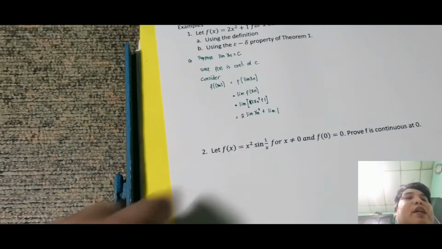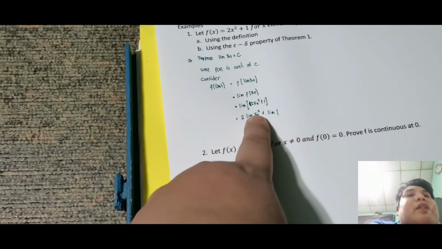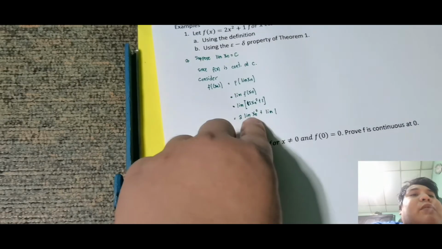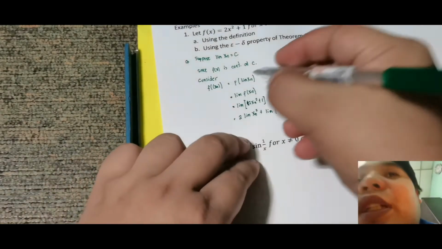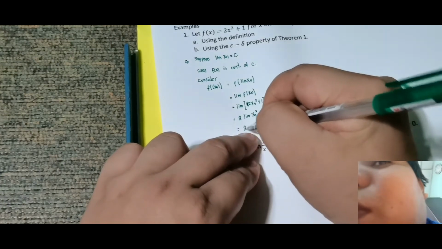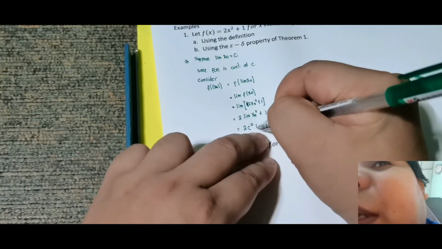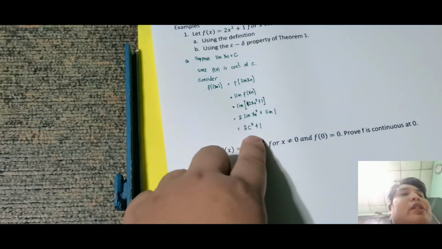Then, since the limit of x sub n squared is c squared, this becomes c squared. So this is equal to 2c squared plus 1.